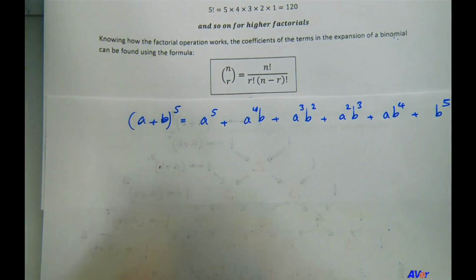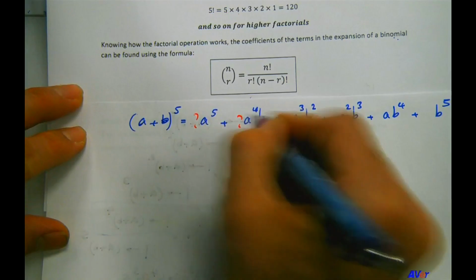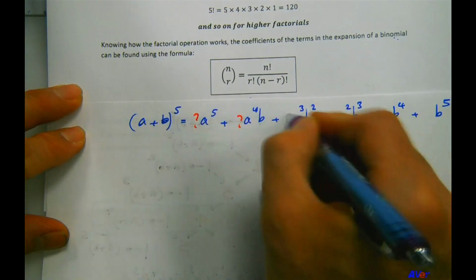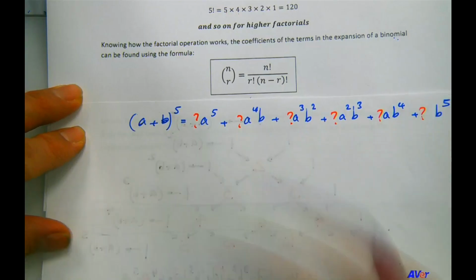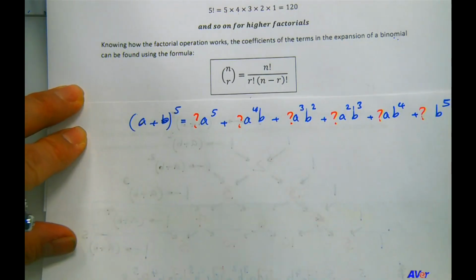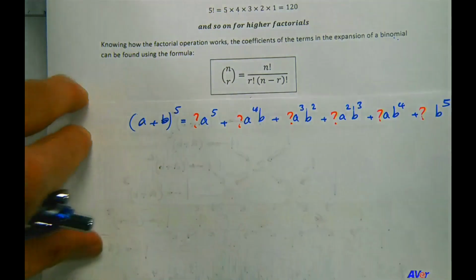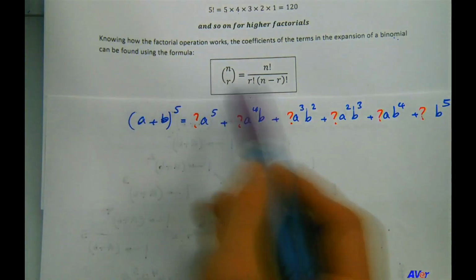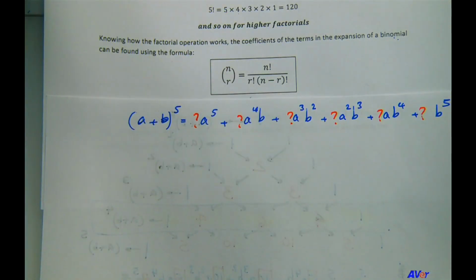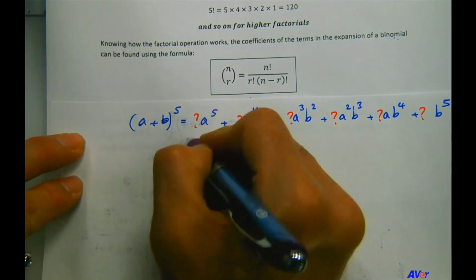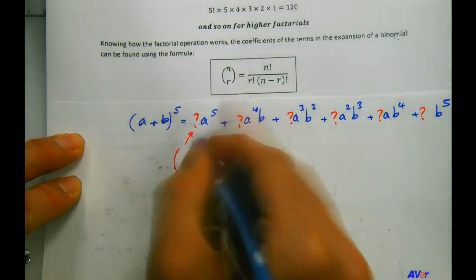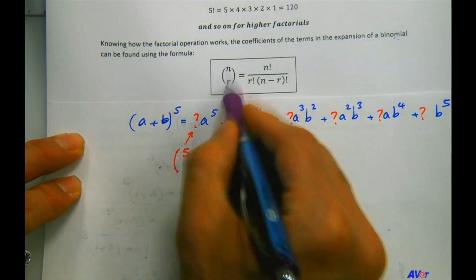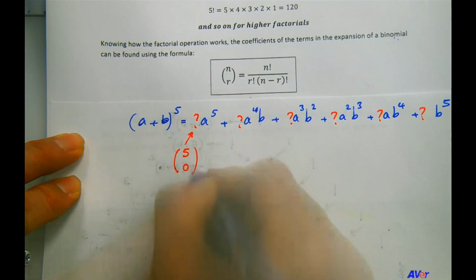But as you know, we need these coefficients. We saw how we can get those coefficients using the Pascal's triangle, right? But how do we get it using this formula? Well, for that one, we're going to use this formula. n is 5. 5 choose 0 for the first one.